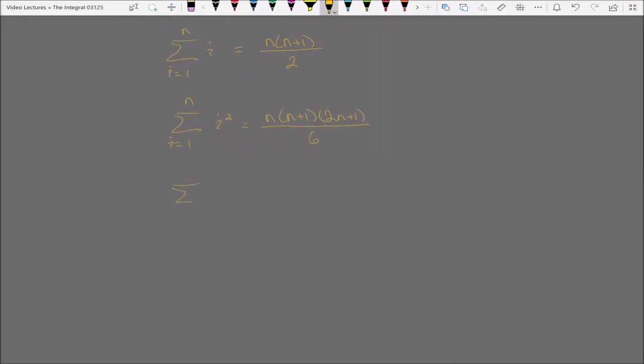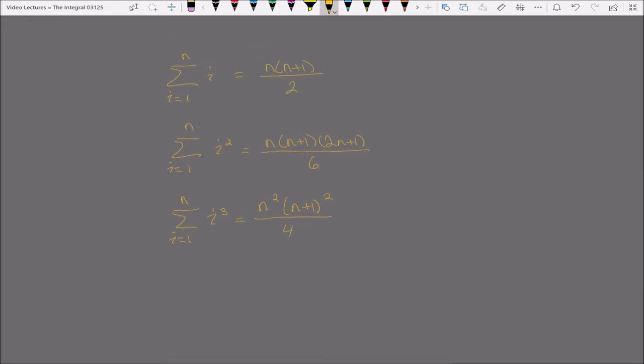And finally, the sum from i equals 1 to n of i cubed is n squared times n plus 1 squared all over 4. Right, again, these are 3 very useful sums. I recommend that you write them down somewhere for quick reference.